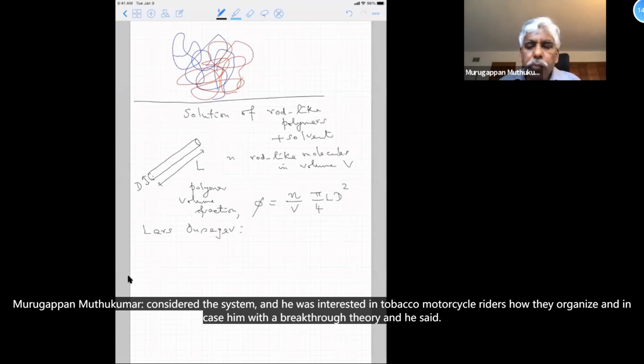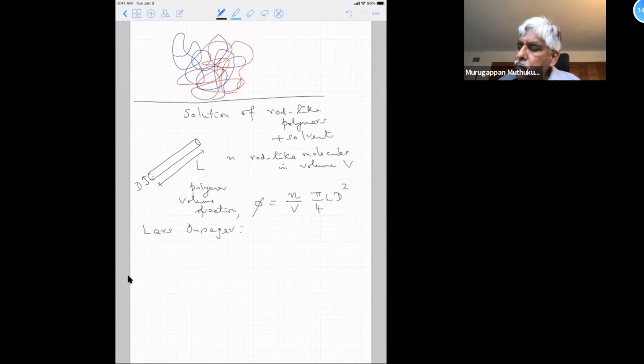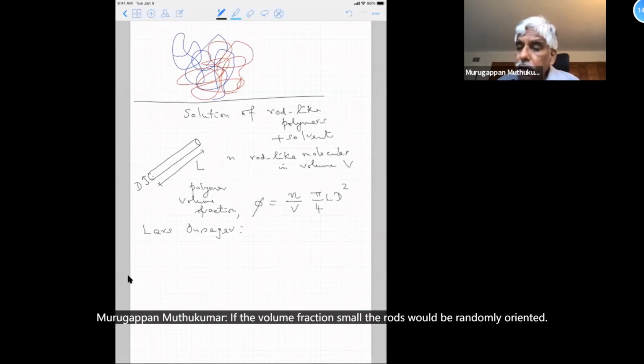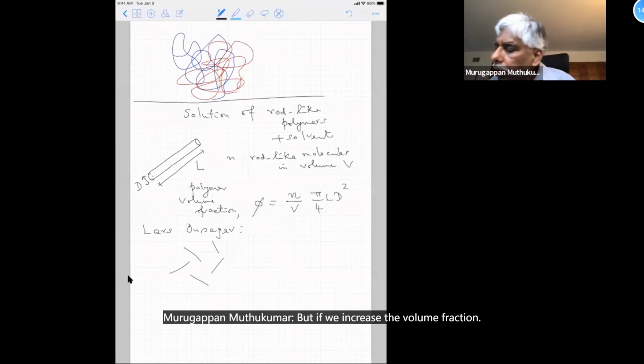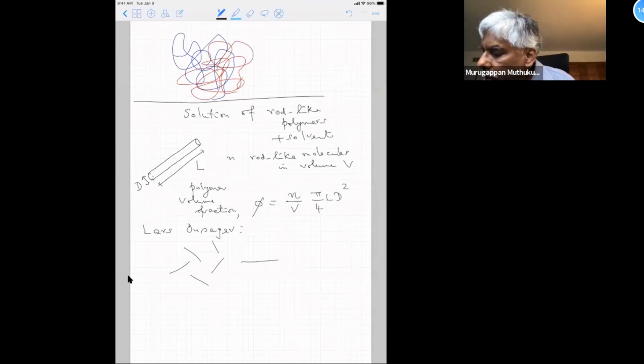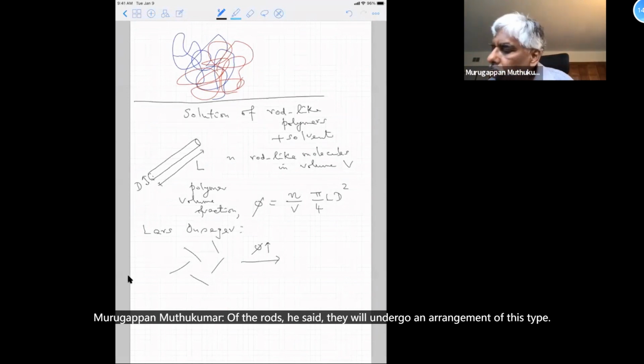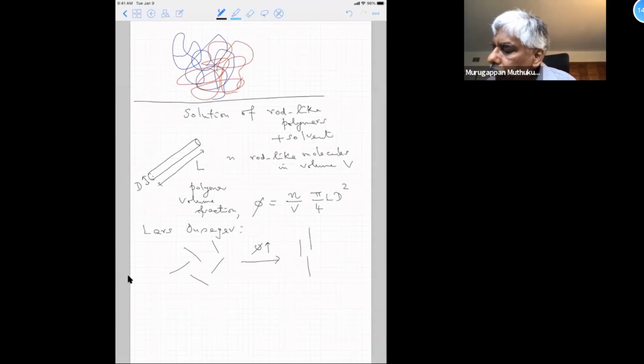And he came up with a breakthrough theory, and he said, if the volume fraction is small, the rods would be randomly oriented. But if we increase the volume fraction of the rods, he said they will undergo an arrangement of this type.